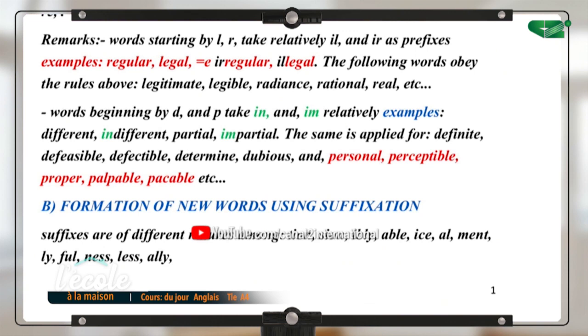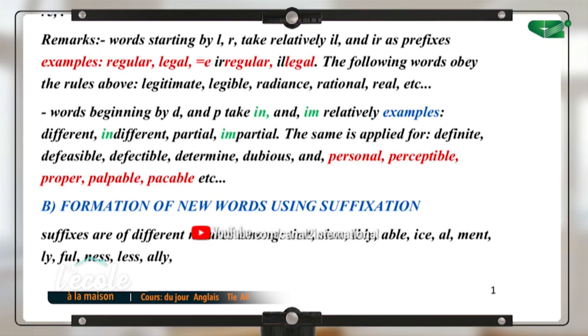We have ir because regular begins with R. In that context, it obeys the rule which says that when a word begins with R, we use ir in front of the word to have a newly formed word. It gives us irregular. The same is applied for legal. Since L is the first letter, we put il in front as prefix to have illegal. The following words obey the rules above.